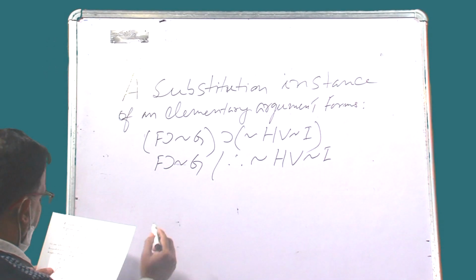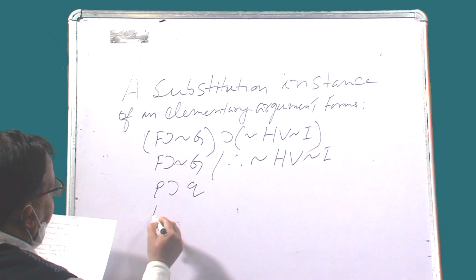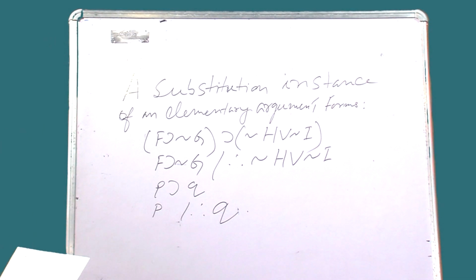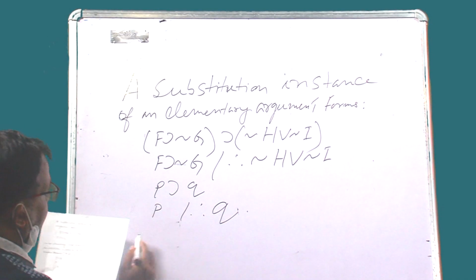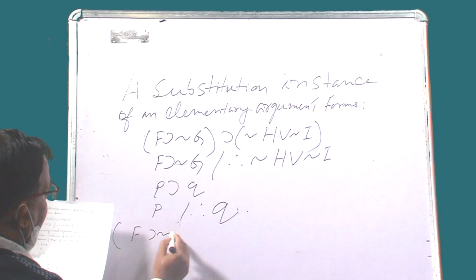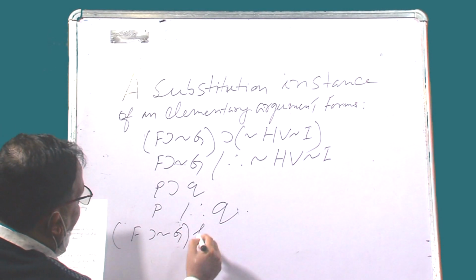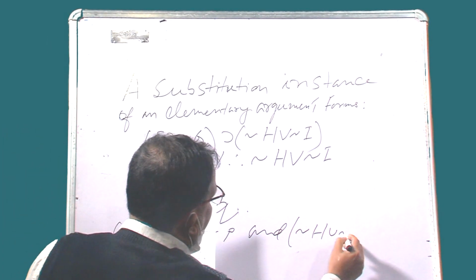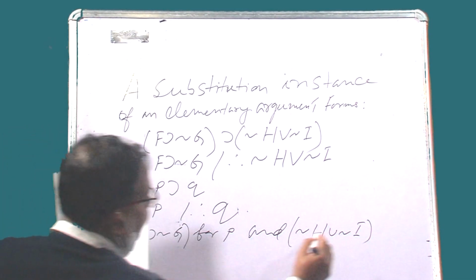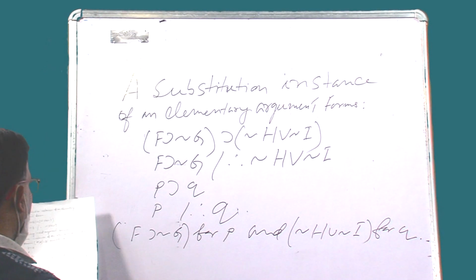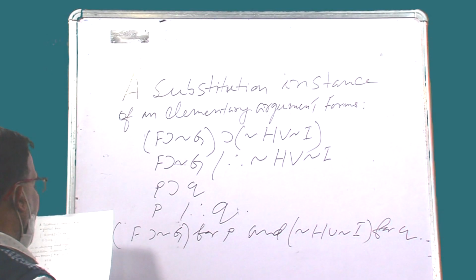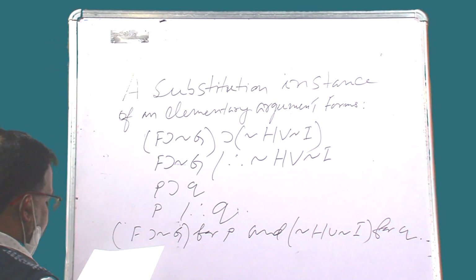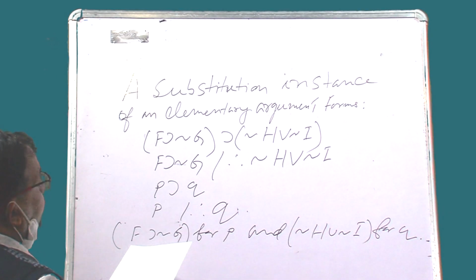So it results from P implies Q, P, therefore Q, by substituting F implies G for P and negation H fell negation I for Q. Therefore, it is of that form, even though modus ponens is not the specific form of that given argument.